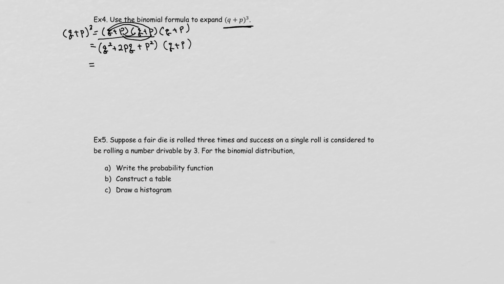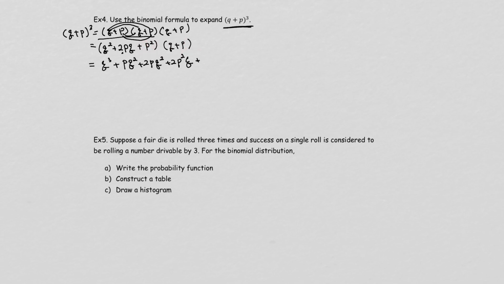So this becomes q squared times q, which is q cubed, plus that becomes pq squared, and then this multiplied by q is going to give you 2pq squared. This multiplied by p, you're going to get plus 2p squared q, and then you will do p squared times q and p squared times p.